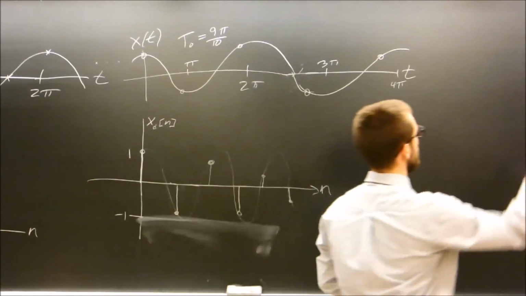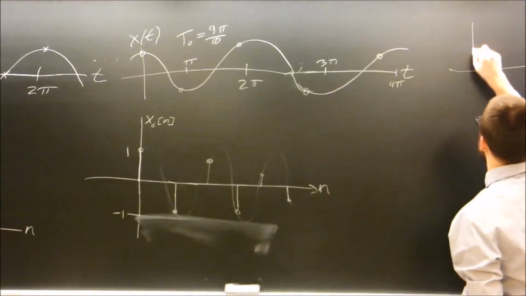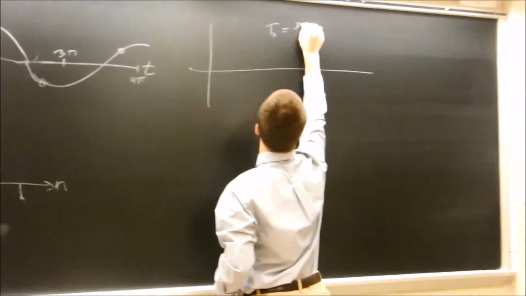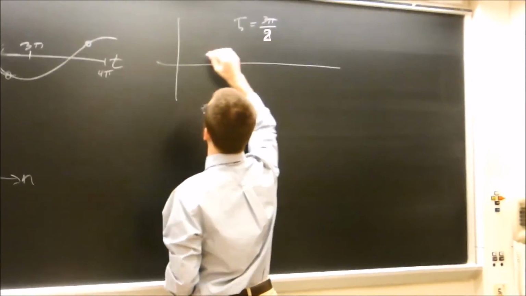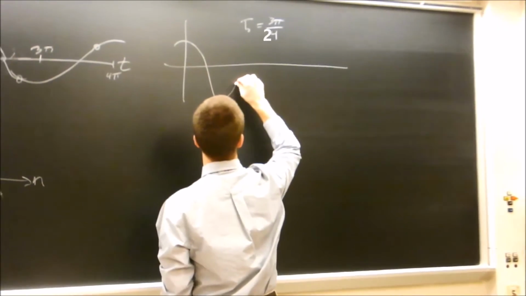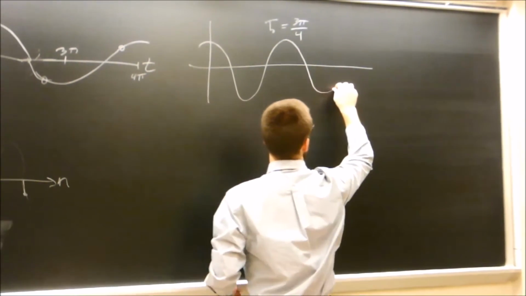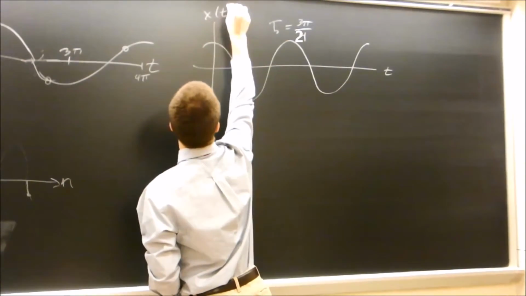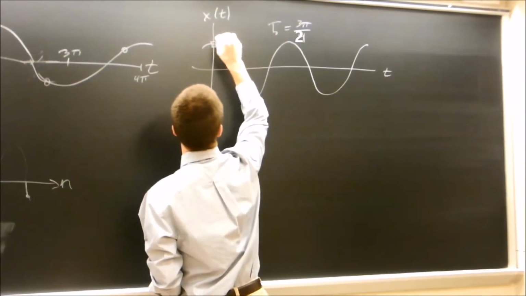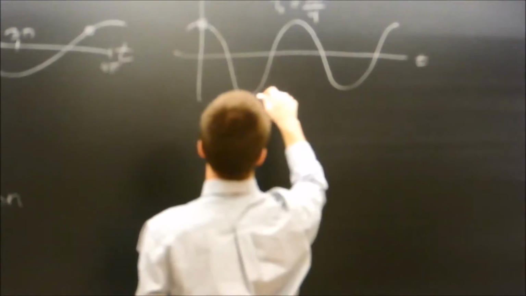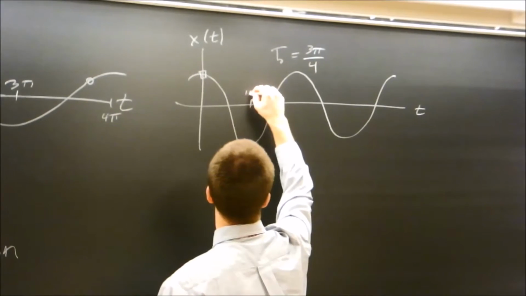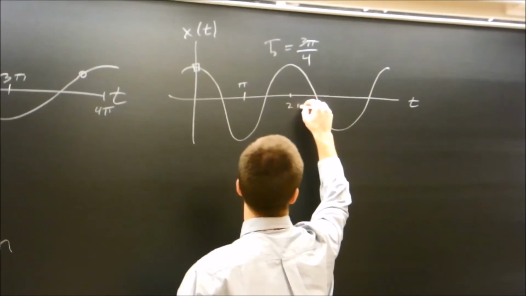Now I'm going to draw another one, this time with the sampling period 3 pi over 4. Redraw my cosine. Let's draw squares. If I sample with 3 pi over 4, this is pi, 2 pi.